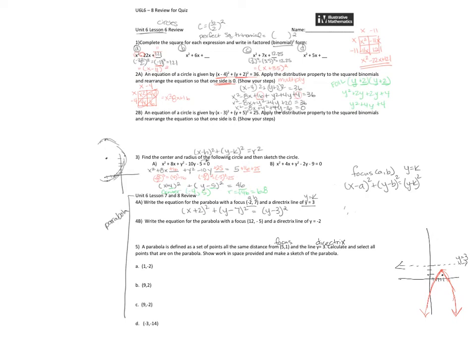So this problem asks me if several points are on my parabola. There are two different ways to do this problem. You could use distances using the distance formula, or you could use the equation and substitute in the points to see if it makes the equation true. The distances method I did in the two videos last week.